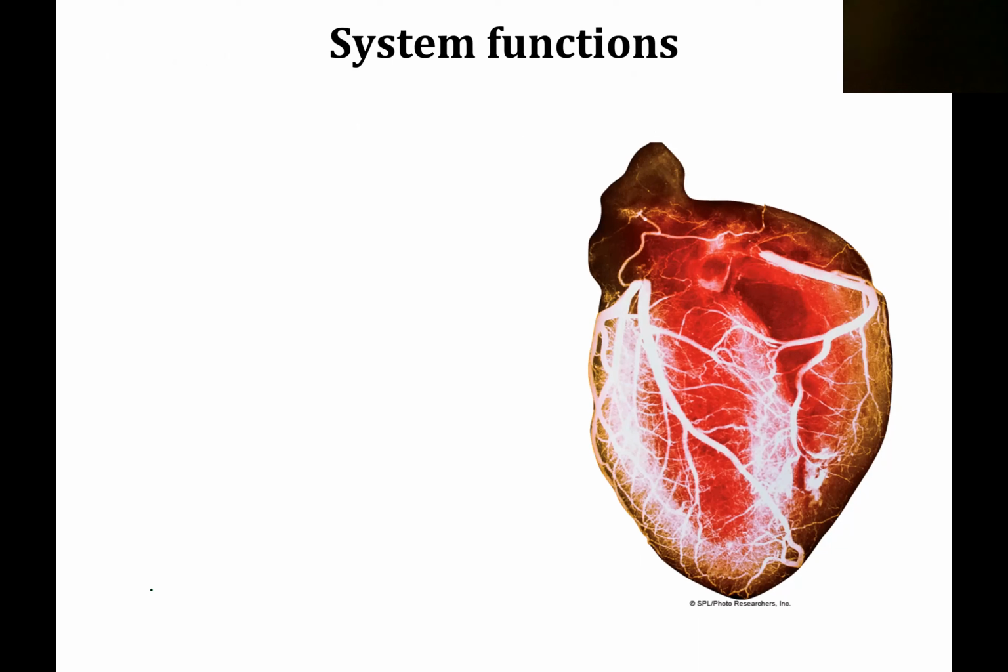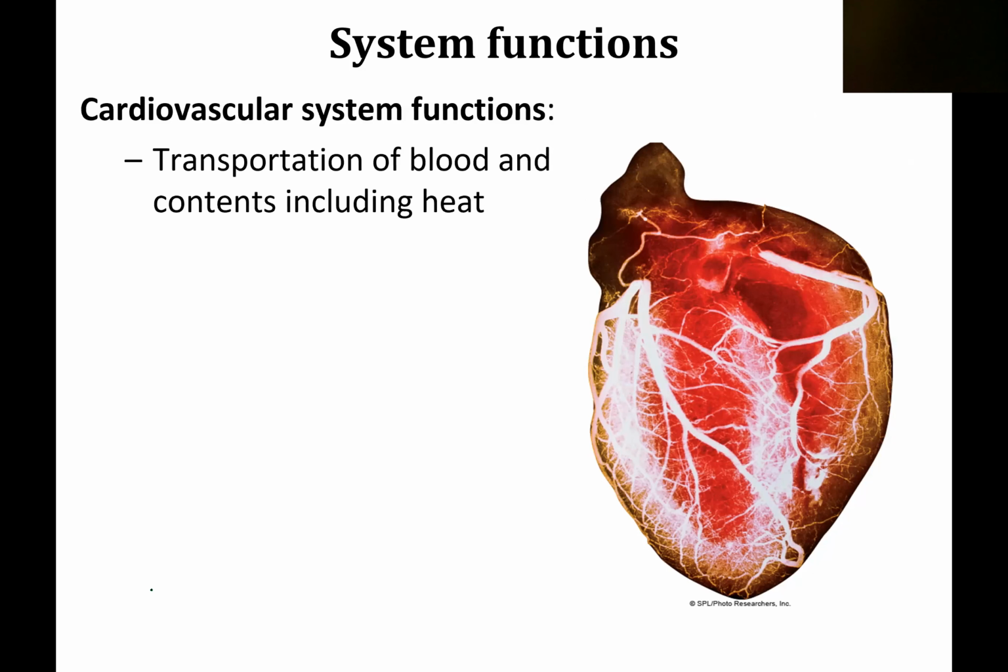Functions for the cardiovascular system, yes, these are going to seem similar to the functions of blood. Transportation of blood and its contents, so nutrients, waste products, respiratory gases, and heat. It's a distribution center, it's a pickup, it's a site to acquire these things.